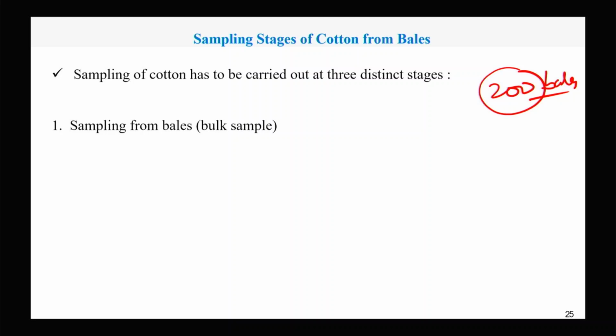It's not a good idea to open up all the bales and take the sample. So we have to open a specific number of bales, and it is specified.